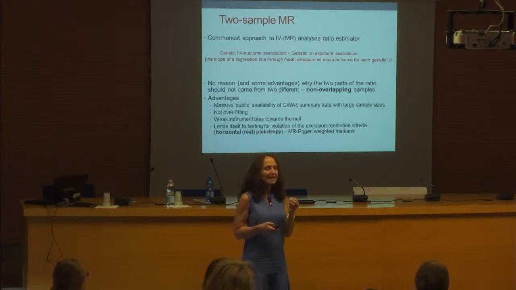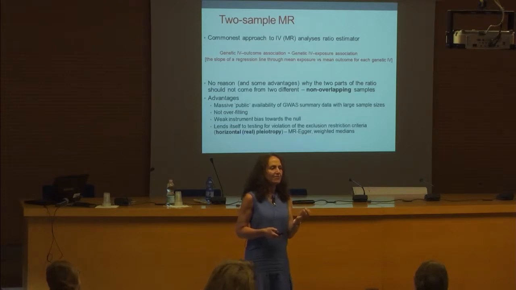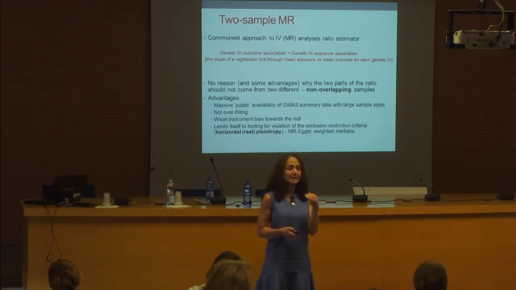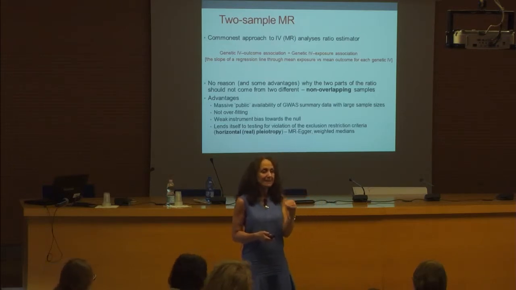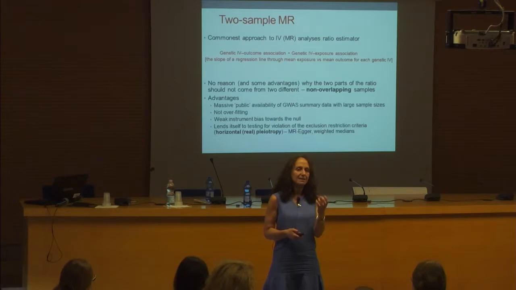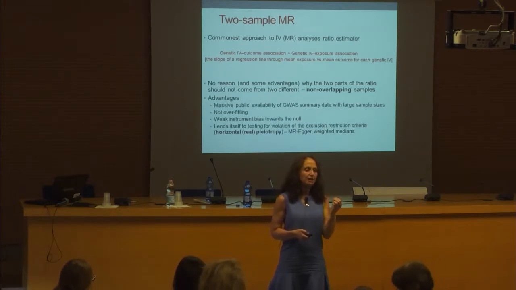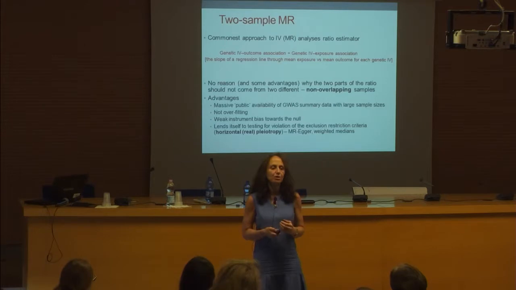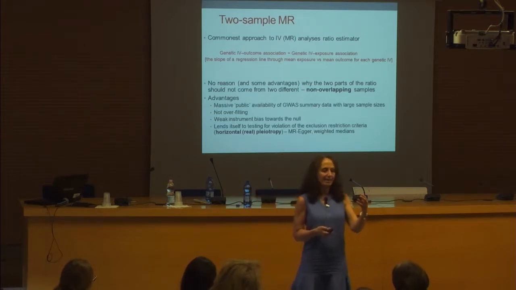So if I step back a bit, and again, one of the things we've been talking about in the group is, how do we select genetic variants to use in Mendelian randomization? We select them mostly, I would say 95, 99% of the time for published Mendelian randomization studies, to be those variants that are genome-wide significant in discovery samples, so large collections of cohorts and case control studies, and that replicate.